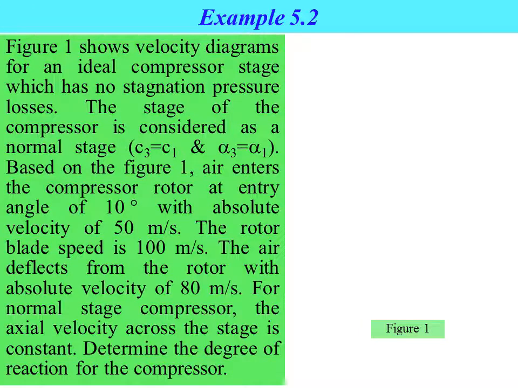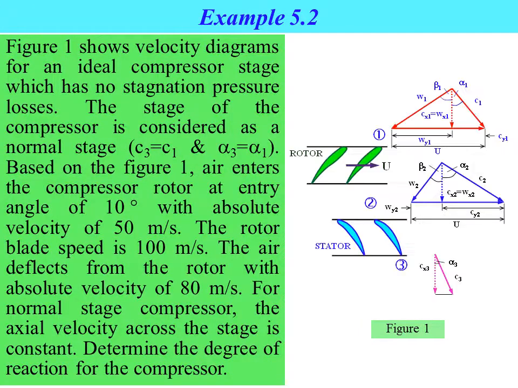Example 5.2. Figure 1 shows a velocity diagram for an ideal compressor stage which has no stagnation pressure losses. The stage of the compressor is considered as a normal stage where C3 equal to C1 and alpha 3 equal to alpha 1. Based on Figure 1, air enters the compressor rotor at an entry angle of 10 degrees with an absolute velocity of 50 meter per second.